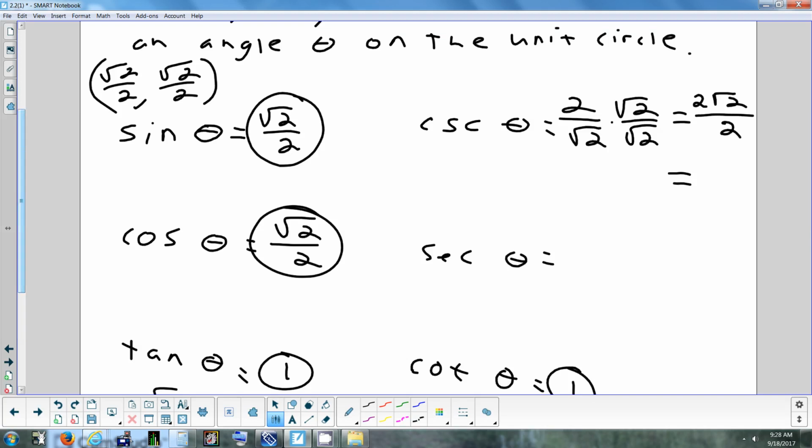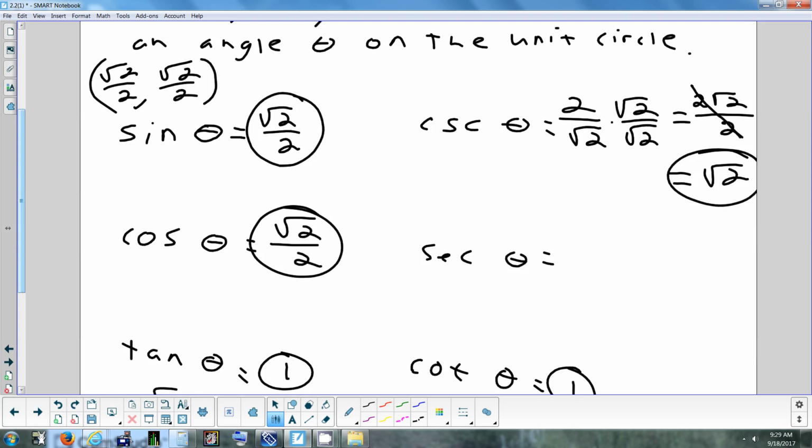There's one more thing I can do just to simplify a little more. Reduce the 2's. Which 2's? The one on the outside of the square root and the one on the bottom. Yes. We can cancel that out. So all we get for the cosecant is the square root of 2.